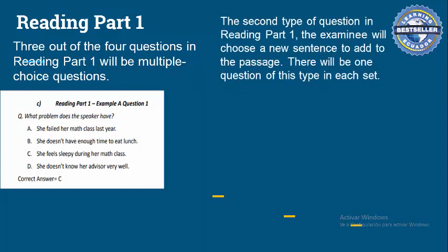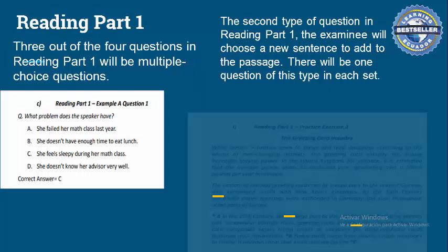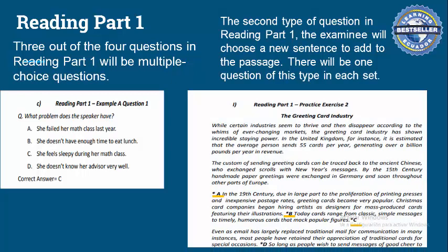The second type of question in reading Part 1, you will choose a new sentence to add to the passage. There will be 1 question of this type in each set. And here you have an example of this second type of question, where you have to choose a sentence to add into the passage.